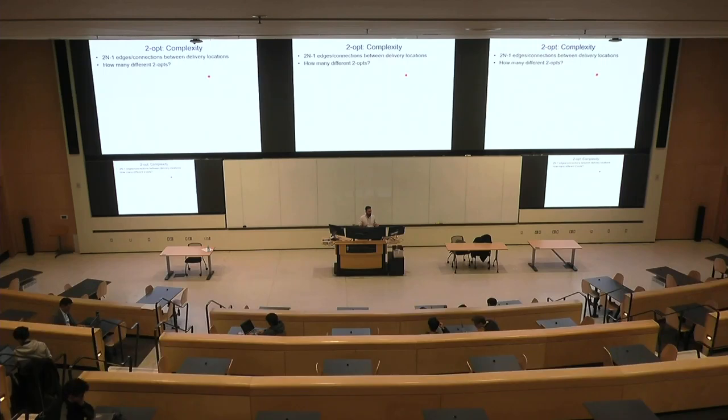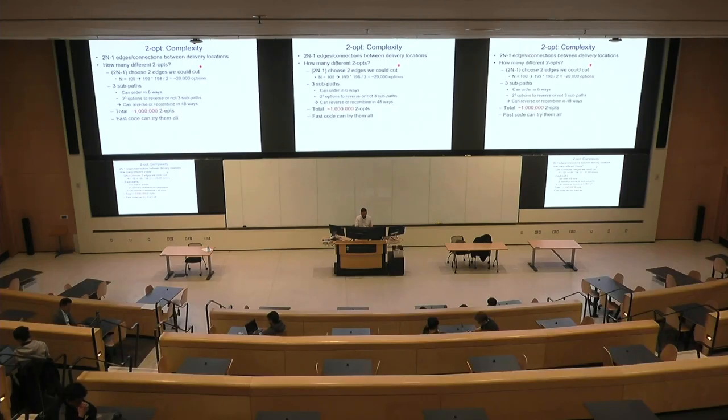You have n choose 2 options to choose any 2 intersections. Now let's look at the number of options we have if we are doing the 2-opt solution. So what are we given here? In any path of our traveling courier, we're going to have at most 2n-1 edges, which are connections between delivery locations. So how many different 2-opts can we have out of this?